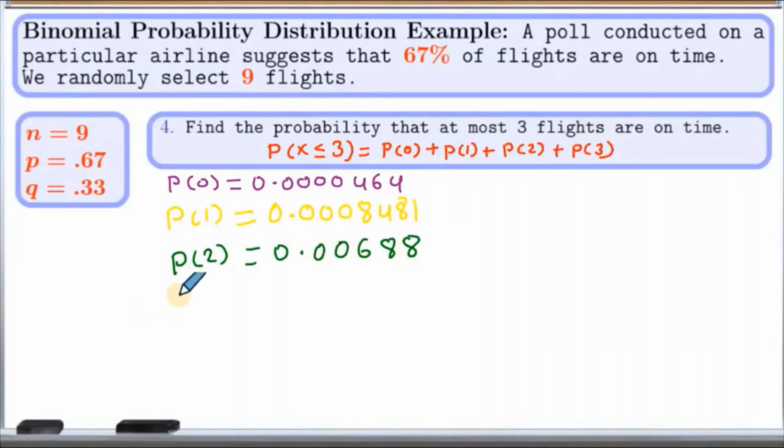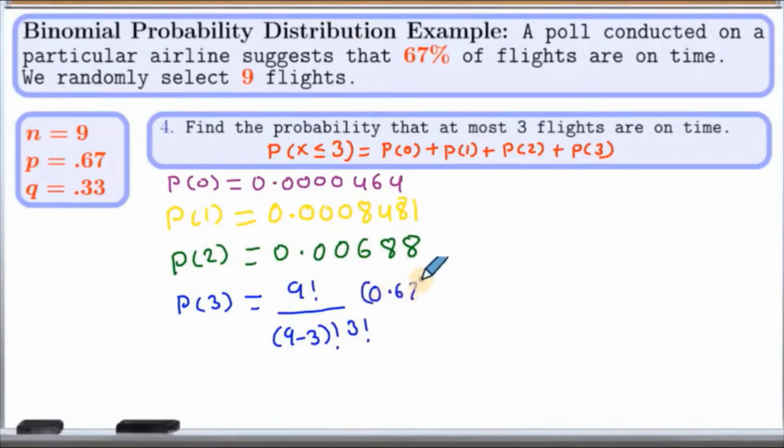Now we have to find probability of 3. So let's calculate that. We need to plug in the values for n, p, q, x in the formula. So we get 9 factorial over (9 minus 3) factorial times 3 factorial, times 0.67 to the power 3, times 0.33 to the power 9 minus 3.